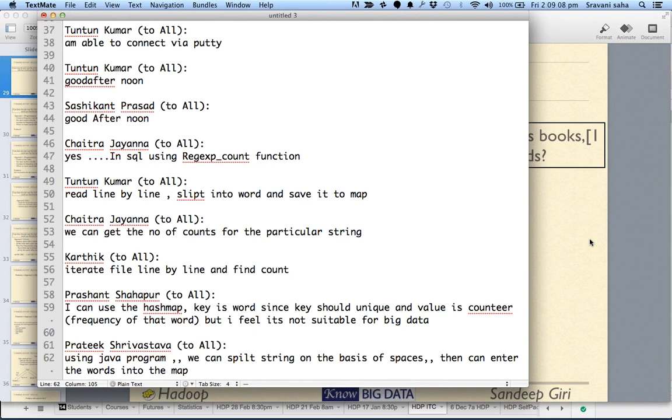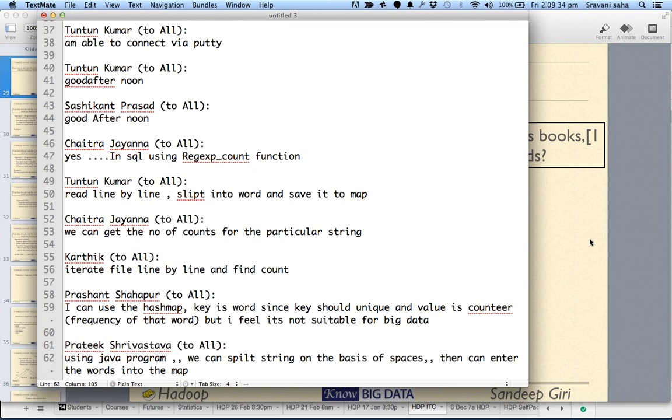So if somebody gives you this assignment, other than this Java approach, what all approaches will you take? Excellent, Chatra. We can use group by in SQL, right?